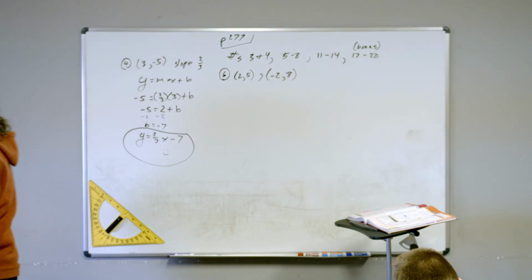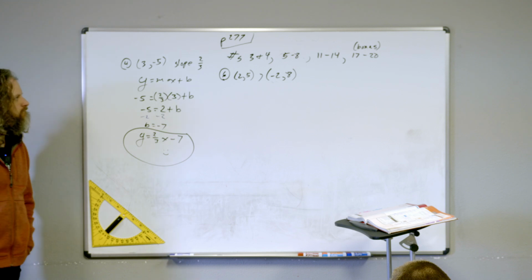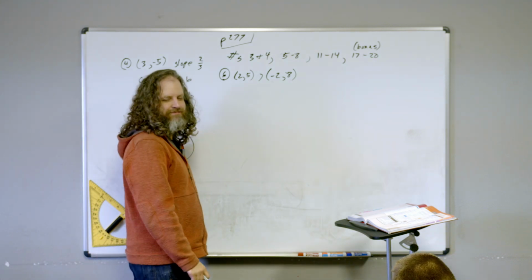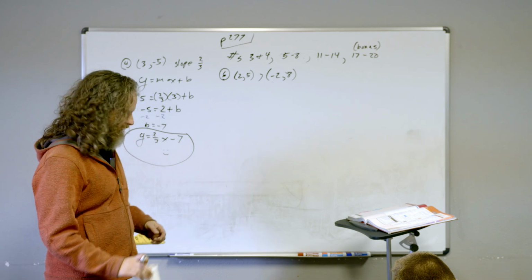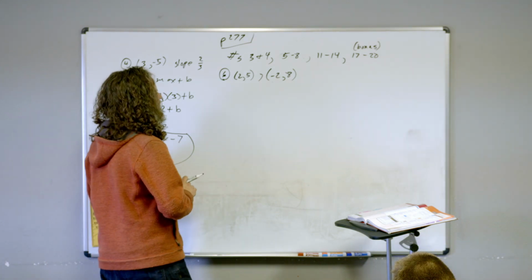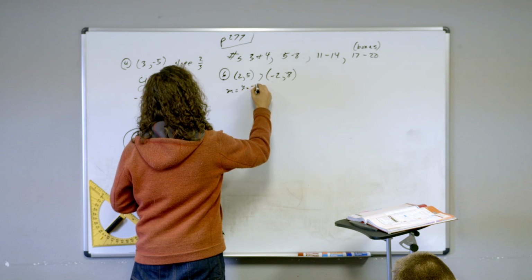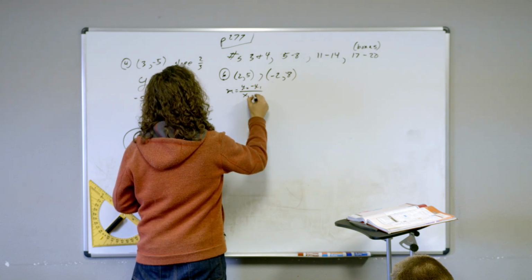So what do we need to do? We should totally find the slope first. How do we do that? m equals y2 minus y1 over x2 minus x1.